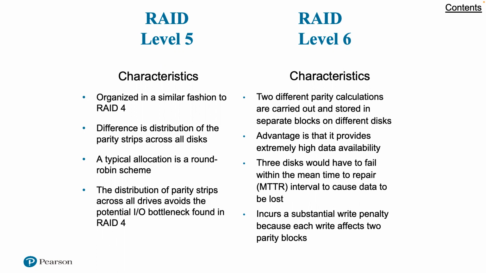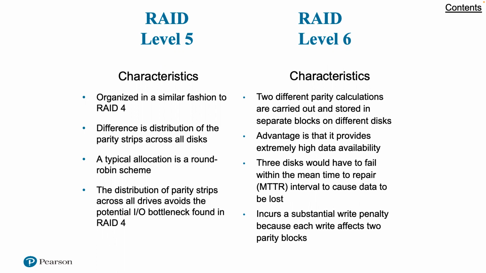For RAID 6, 2 different parity calculations are carried out and stored in separate blocks on different disks. An advantage is that it provides extremely high data availability. 3 disks would have to fail within the mean time to repair, MTTR, interval to cause data to be lost.